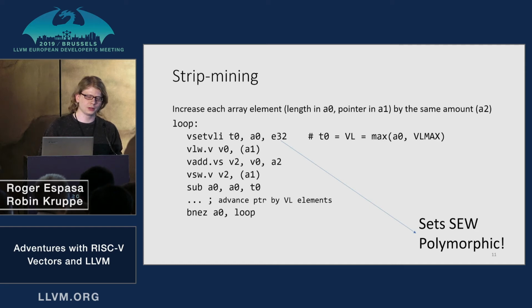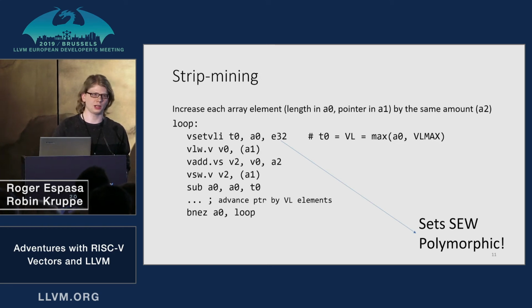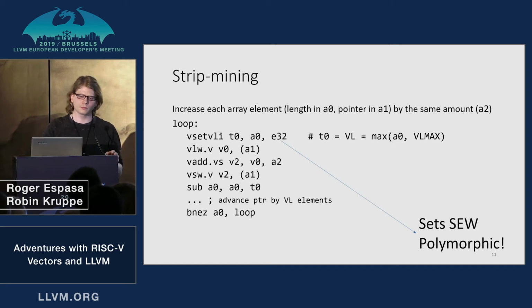So you do a loop, and in each iteration of the loop, you tell the hardware, hey, I have this many elements to process. Just cap that at however many you can fit into your register. We also tell it these are 32-bit elements. So that influences how long our vectors are because it sets the SEW, as Roger showed you.